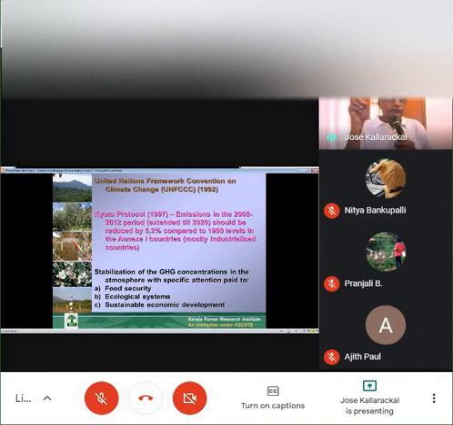Now, how do they do it in their country? The developed country, if you are running an industry, for example, or any institution which is actually carbon intensive, you will have to pay a carbon tax. We don't have it in India, fortunately, because we are not in the Annex 1.